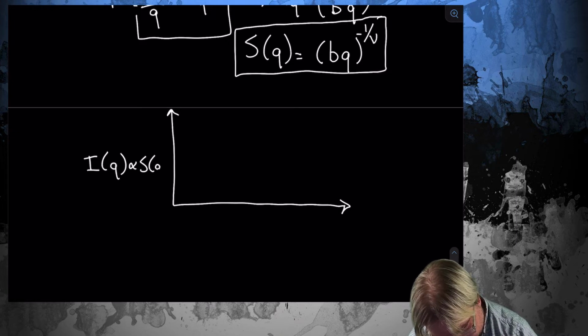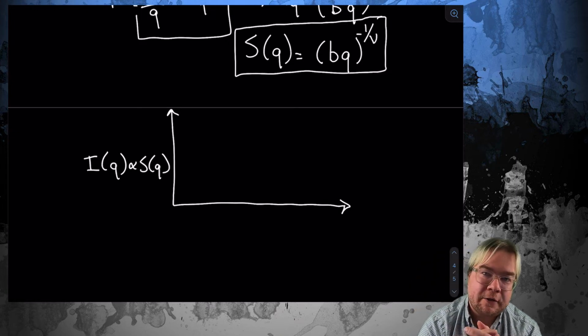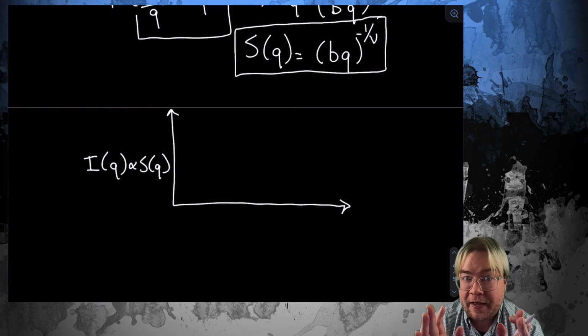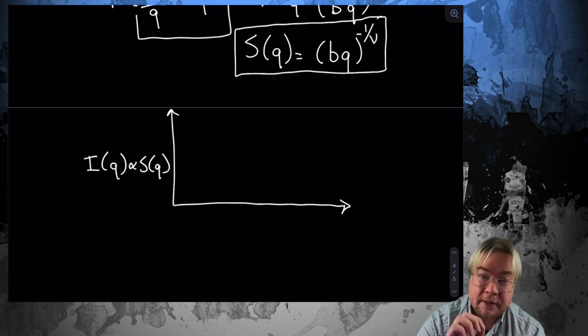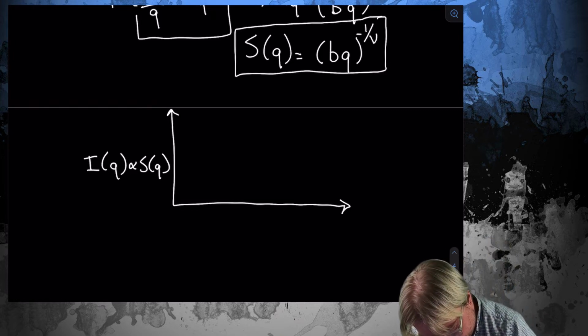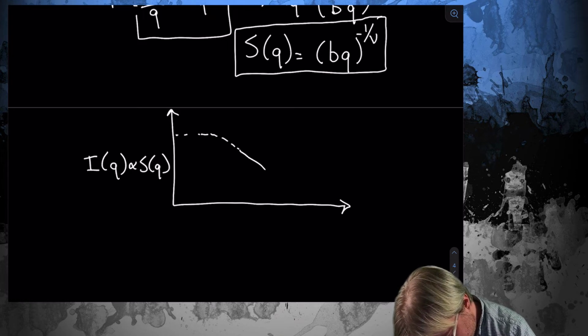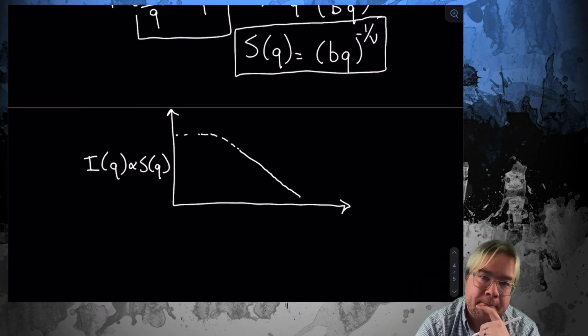So here's my intensity, which is proportional to the structure factor. I'm looking at large values of Q, length scales that are smaller than the size of my polymer chain. So here's the stuff that I don't care about, and there's my scattering.